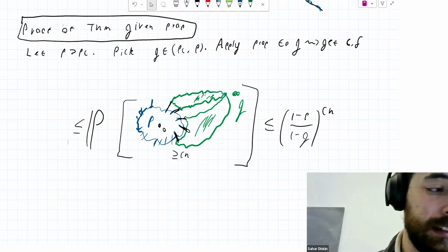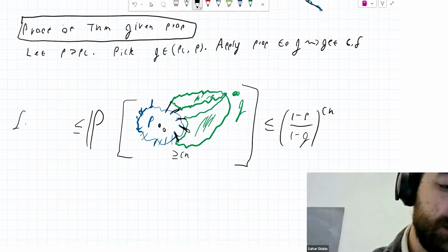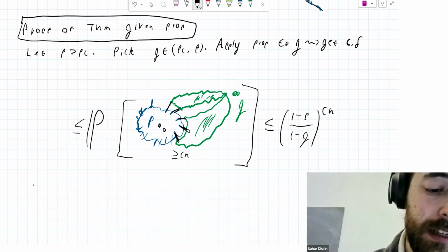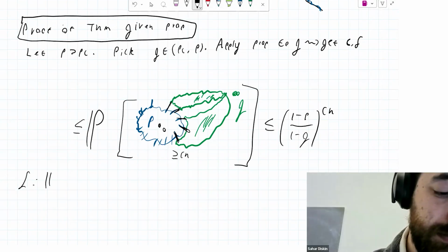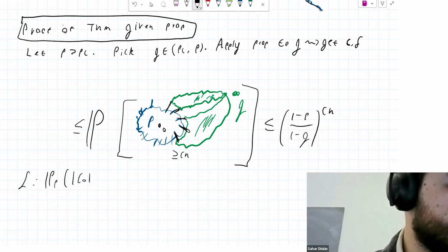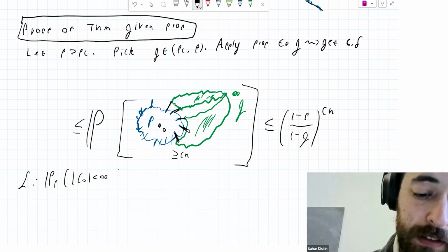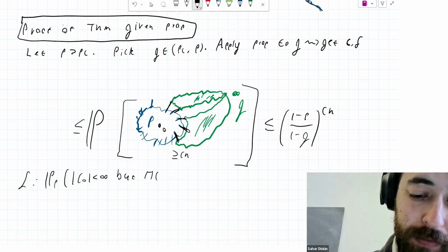So I can pay this delta, the same delta, and ask that under P percolation, C0 is finite, the cluster of 0 is finite, but this is at least Cn.